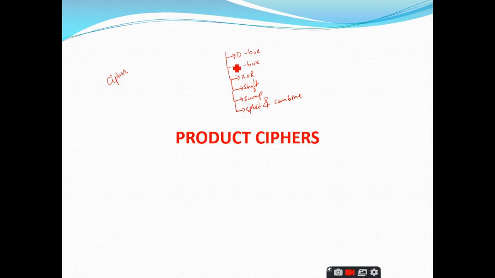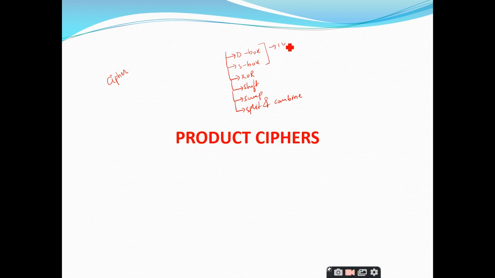Right. So a product cipher, we can simply say that it is a combination of one or more components, and in addition to this particular definition we can also say that it consists of more number of such components. For example, if I combine this D and S box as one particular unit, right?